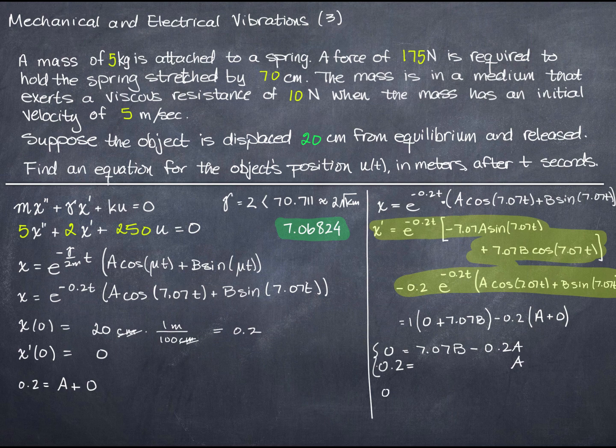I'm rewriting the first equation there: 0 equals 7.07b minus 0.2 times a, but a is 0.2. So I get 0 equals 7.07b minus, I think that'd be 0.04. Add 0.04 to both sides.